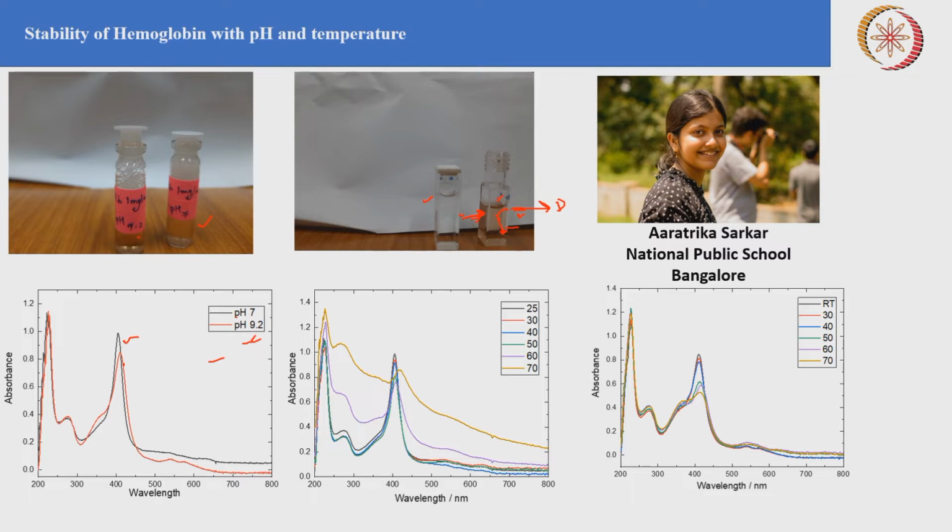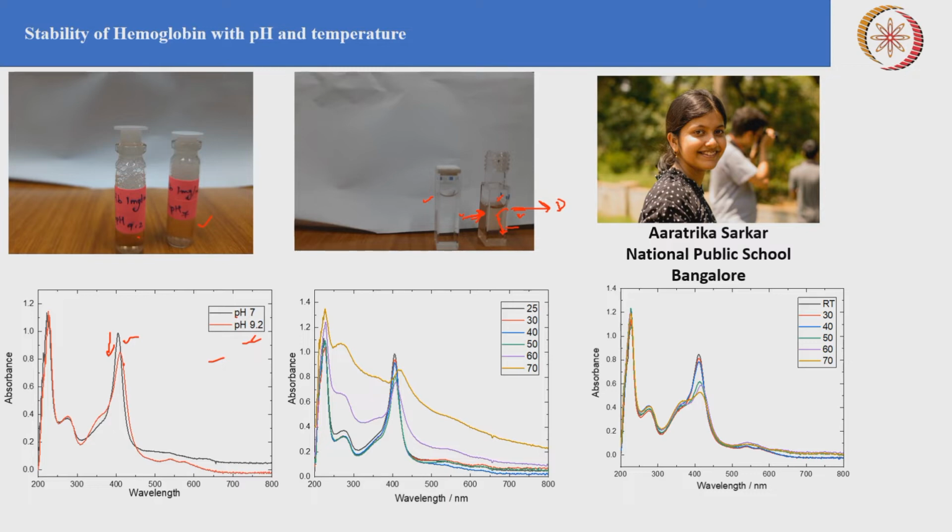So with pH, the number of hydrogen bonds will change. Along with this, your protein structure or secondary structure will also change.